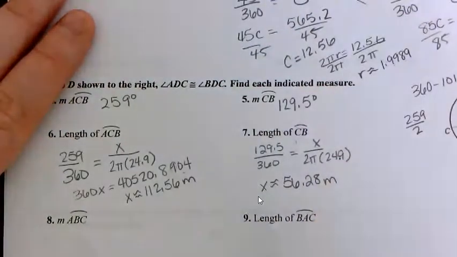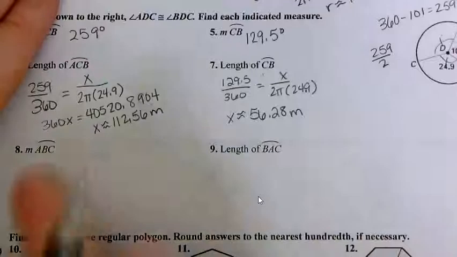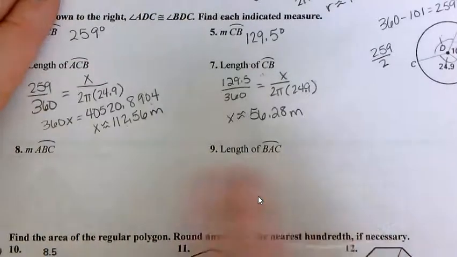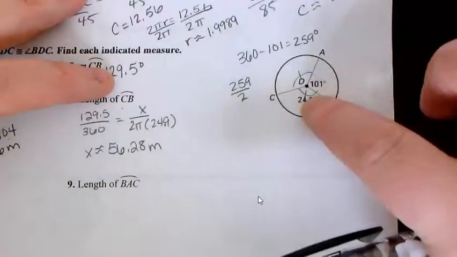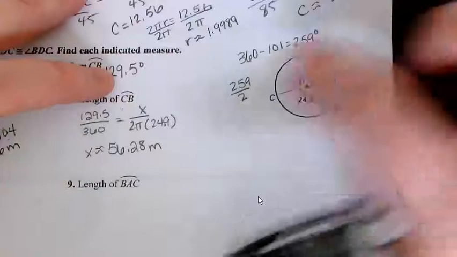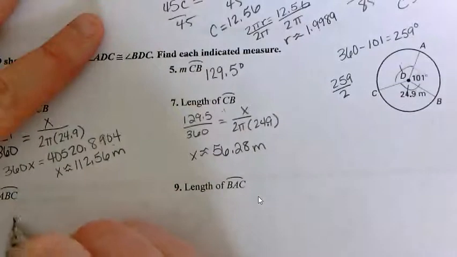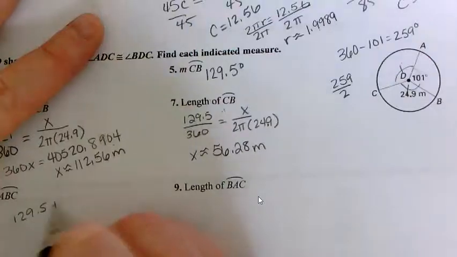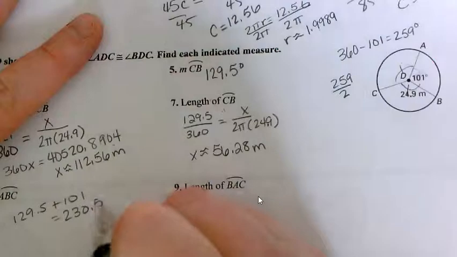The next ones are the measurement of arc ABC and the length of BAC. These two arcs are the same because the measurement of ABC is 101 plus 129.5, and the measurement of BAC is also 101 plus 129.5. So 129.5 plus 101 equals 230.5.